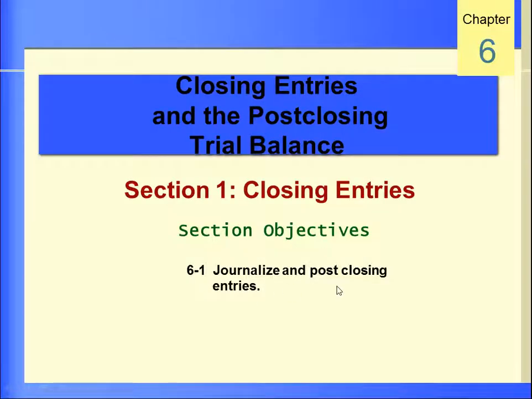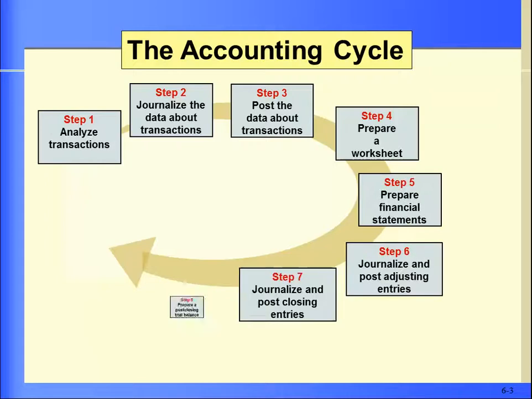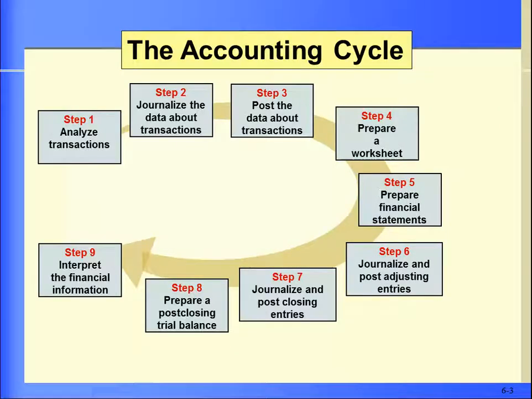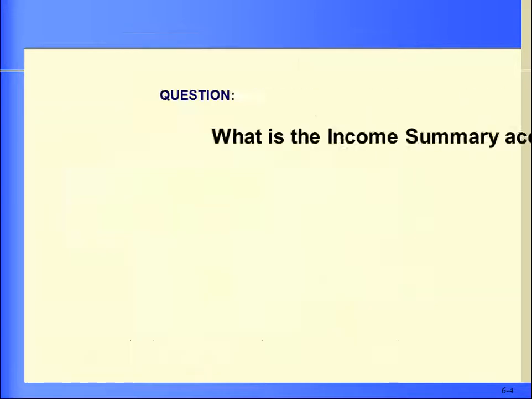Journalize and post closing entries. The closing entries, you journalize them, then you post them. In the steps in the accounting cycle, we should be in step number 8 right now. We'll start with 7, 8, then we'll interpret the financial statements. So the 7th step is to journalize and post closing entries.